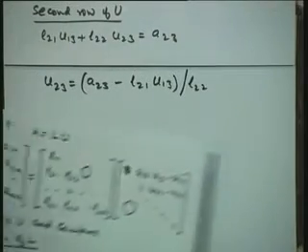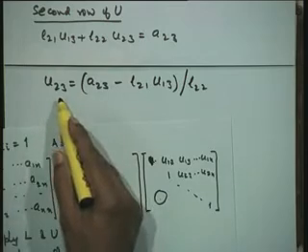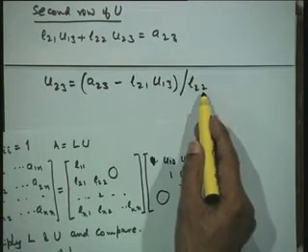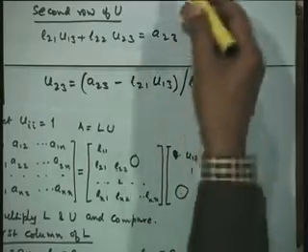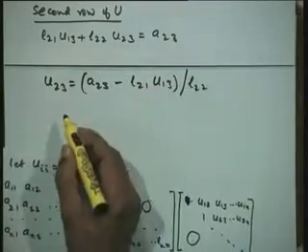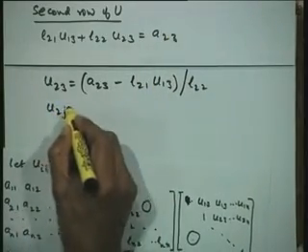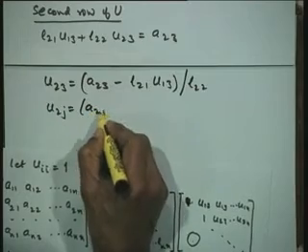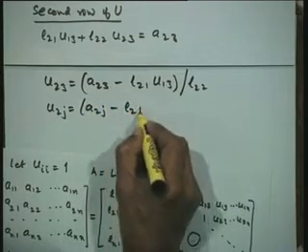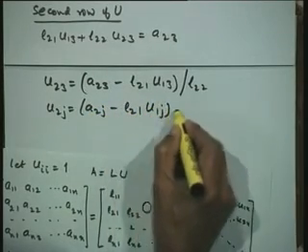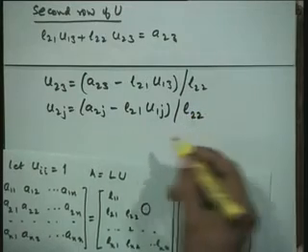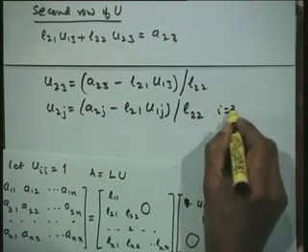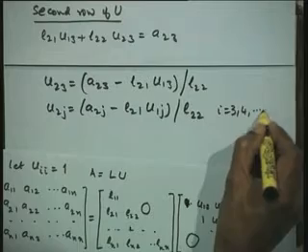So, you can see that the elements of U would again require division by the leading pivot L22. So, that is the leading pivot L22 that is determined in the previous step. Now, we can generalize it and write it as U2j is equal to A2j minus L21 U1j divided by L22 and j going from 3, 4 up to n.